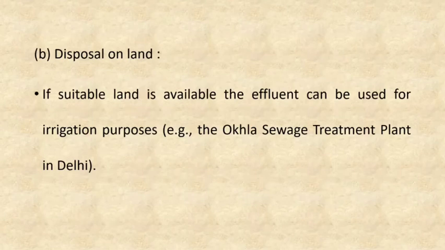Then disposal of effluent on land. If we have suitable land, the effluent can be used for irrigation purposes. For example, in Delhi, the Okhla sewage treatment plant, where the effluent is disposed on land.